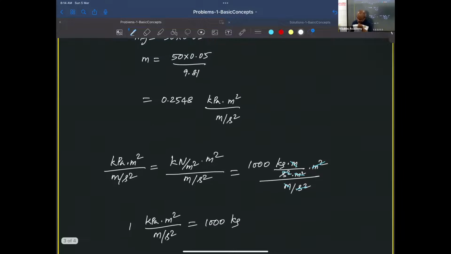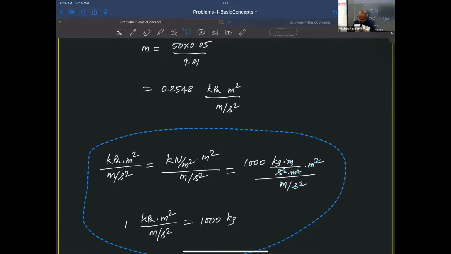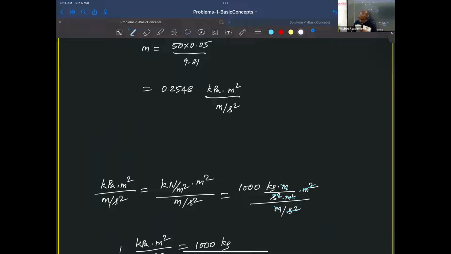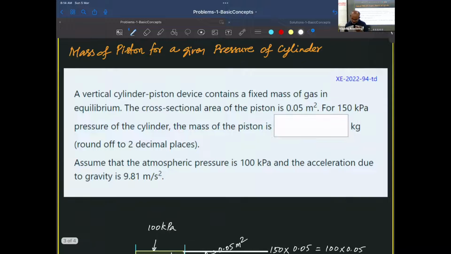So always, this is simply equal to 0.2548 into 1000 kg. So always 254.8 kg, or what is asked is round off to 2 decimal places.